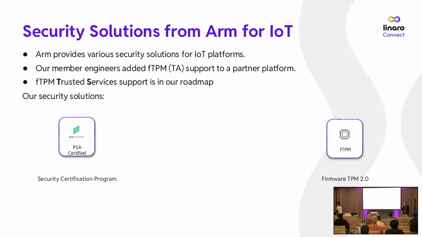The 2 topics that we are most interested in are PSA certification and now Firmware TPM 2.0. Already our members did the integration for the fTPM TA version for the KV260 platform. It's already available in the Cassini software stack. The next step is we will be enabling fTPM Trusted Services support. So this is our goal, and then we'll be talking about it in more detail.